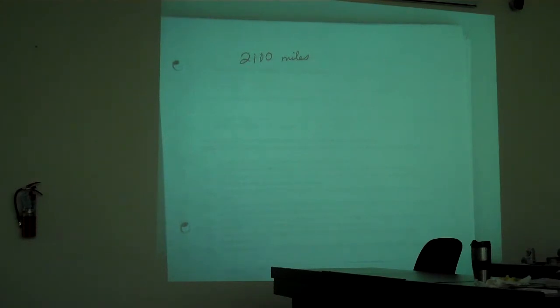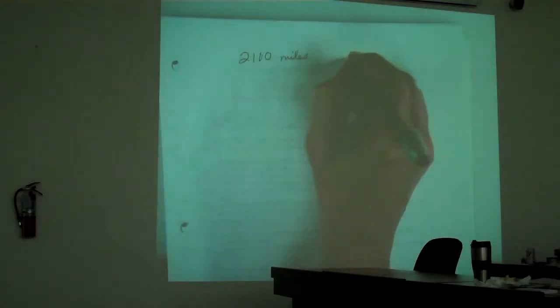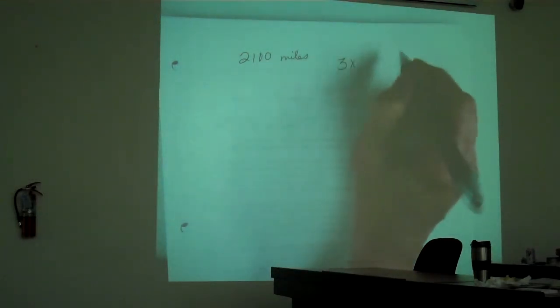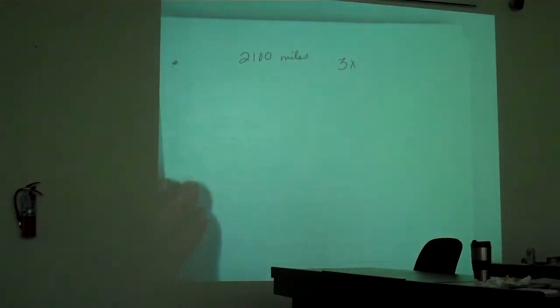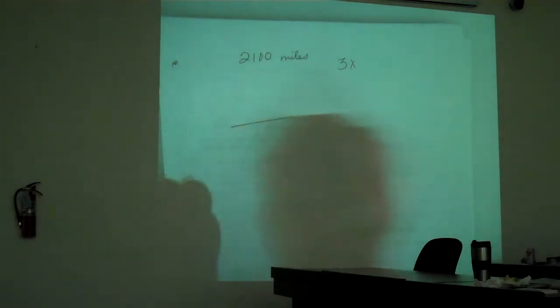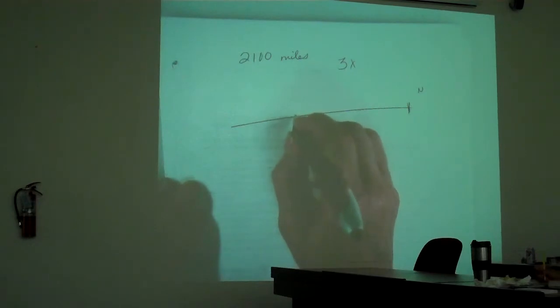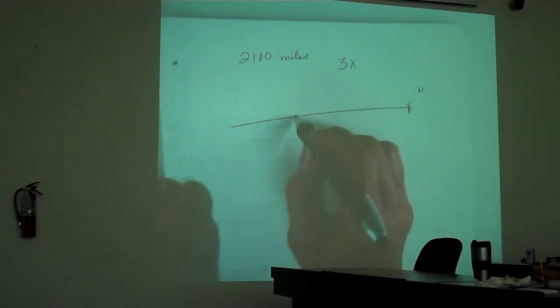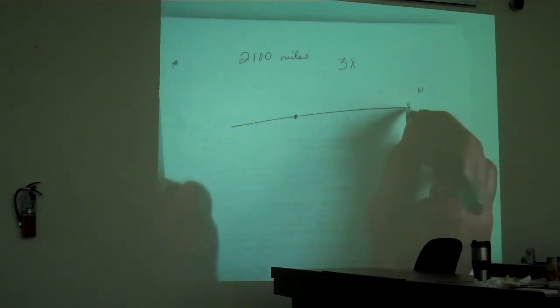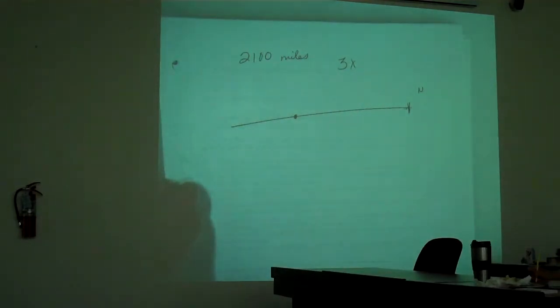He stood atop a peak, which is 3 times as far from the north end. So we need a picture, right? If this is the north end, and he stood right here, it was 3 times as far from the north peak as from the southern peak.